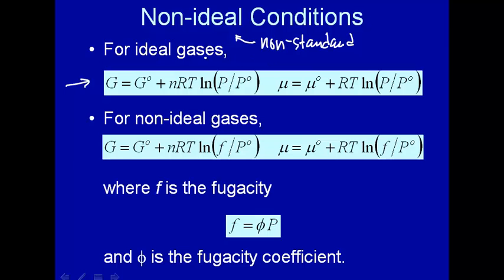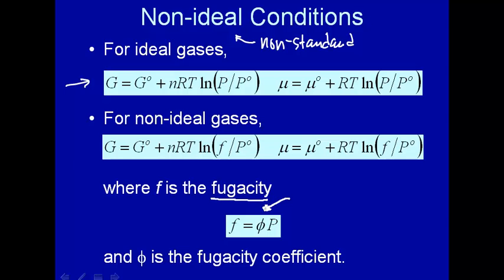Now, that's for ideal gases. What happens if you have a non-ideal gas? Well, what you do is replace the pressure with something known as fugacity. That's a weird name, fugacity. Fugacity is defined as the pressure times the fugacity coefficient, which you can sort of think of as a fudge factor.